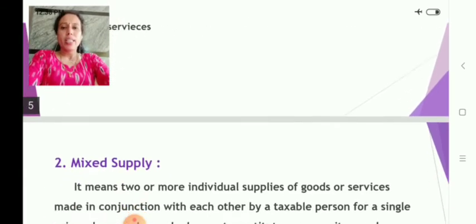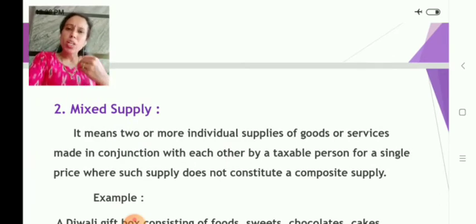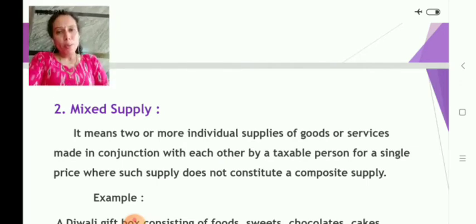Okay? The second one is mixed supply. There is a major difference between the composite supply and mixed supply, even though both are similar. In case of composite supply, there will be many items sold in a single price. In mixed supply also, many items will be sold in a single price. But in composite supply, they will be attached, naturally bundled, whereas in mixed supply, they can be sold separately as well.